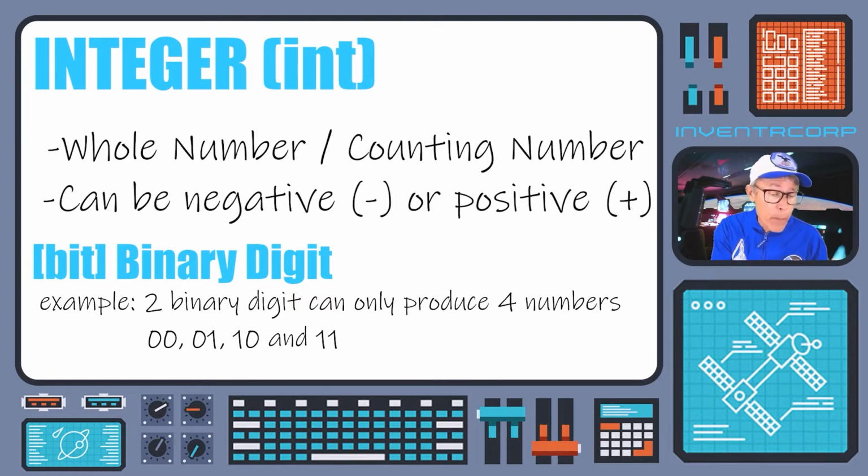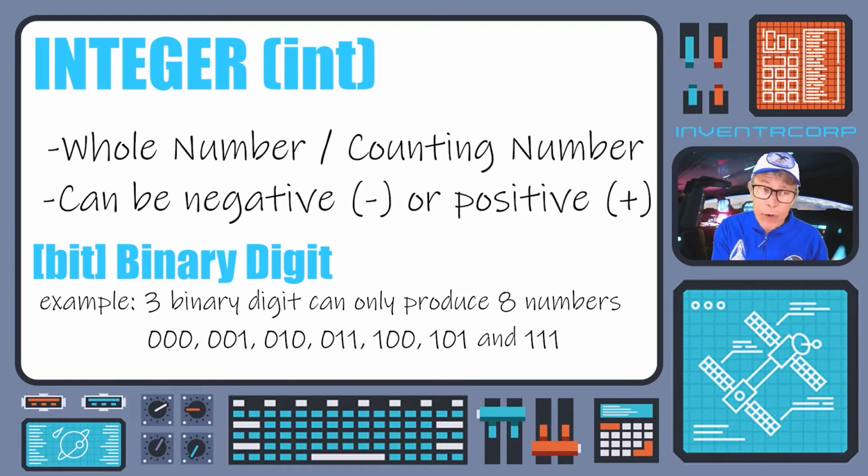So you could represent 4 different numbers with 2 bits, 0 up to 3. Similarly, if you had 3 bits, you could represent all the numbers from 0 up to 7. Last time we saw that we were basically getting numbers from 0 up to 1023. That would correspond to 10 bits because 2 to the 10th power is 1024.